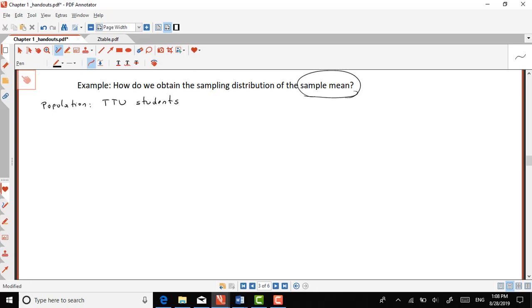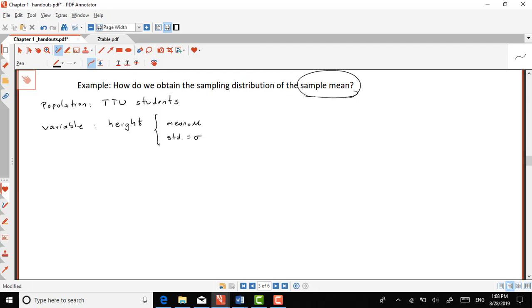Now, the variable of interest is going to be a variable measuring the height of students, and we know that that population has a mean mu and a standard deviation sigma. That's the value that exists in the population and that we don't know.